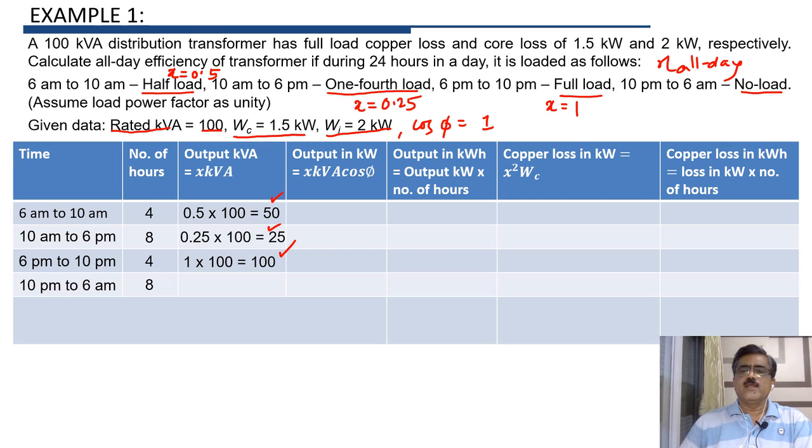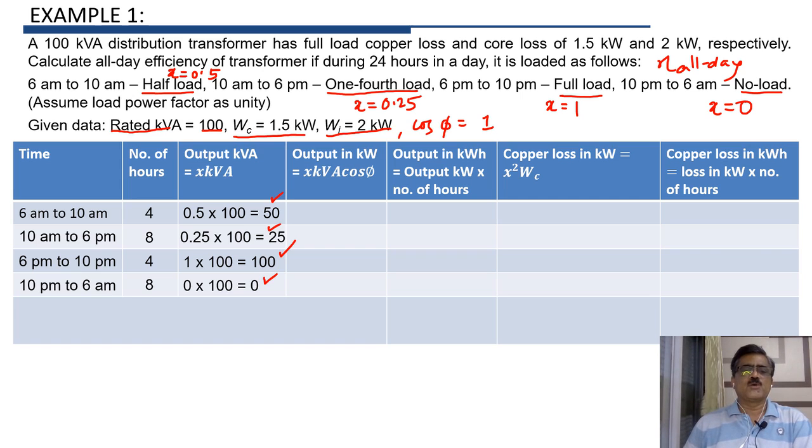And in the last slot, 10 pm to 6 am, there is no load, which means percentage loading X is equal to 0. Obviously if there is no load on the transformer, output kVA will be 0 into 100, that is 0 kVA.